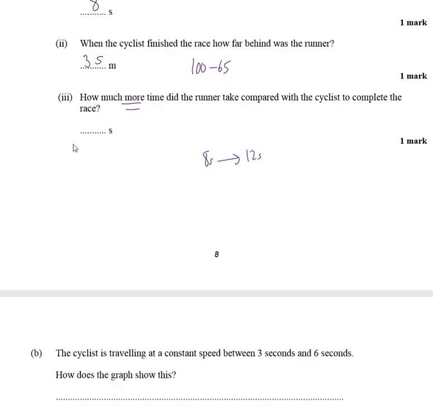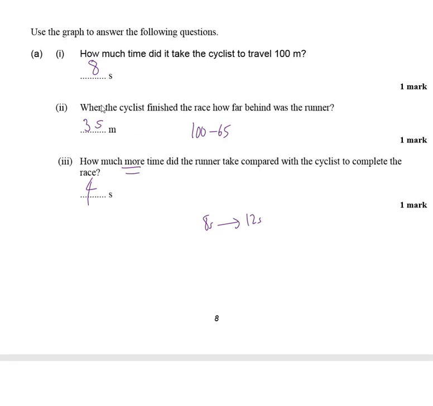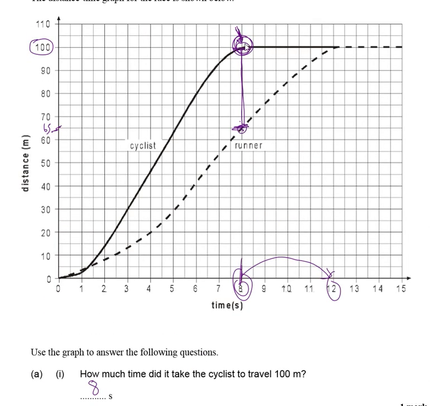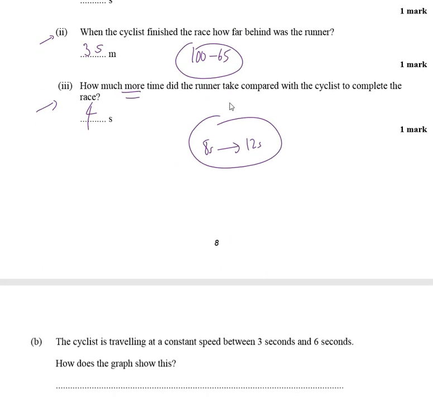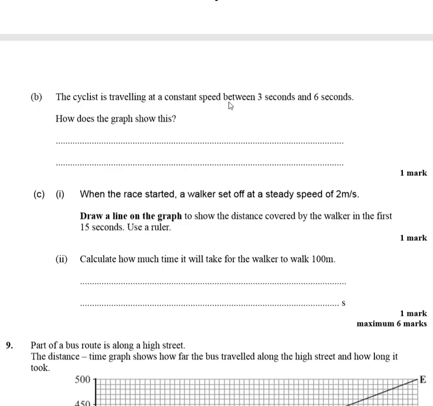That's a difference of 4 seconds. So it took 4 extra seconds to complete the race. And this is how we get this question. If you got this question wrong, this is the working out. You can see what I've noted on my graph to show where I'm getting the answers. We need to show this as you're working out, in purple pen, so we are understanding what's going on.